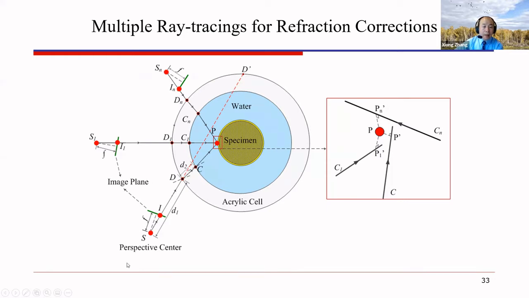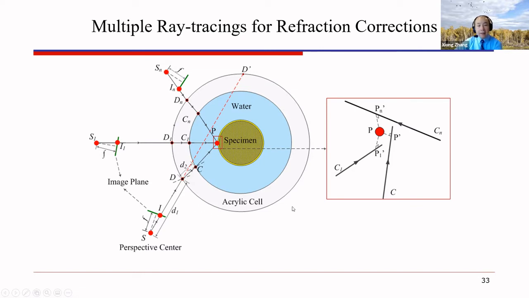And then you know the acrylic cell location. So by making these two equations, the straight line and the acrylic cell equation, equal, you can actually find two intercept points. The first intercept point is what you want. Well, you have a refraction, right? So you can find the location of point D, and find its normal because you know the equation.